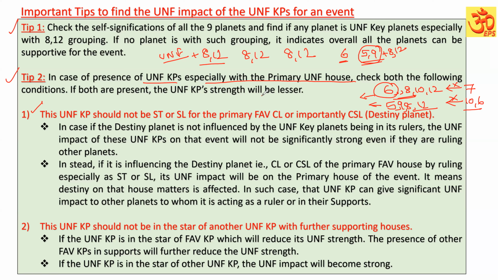Suppose the 10th cuspal sublord is in the star of this 5, 9, 8, and 12, that unfavorable key planet with the unfavorable house. It means the 6th sublord or 10th cuspal sublord is in the star of an unfavorable key planet with the primary unfavorable house. This is indicating that destiny is becoming weakened, right?